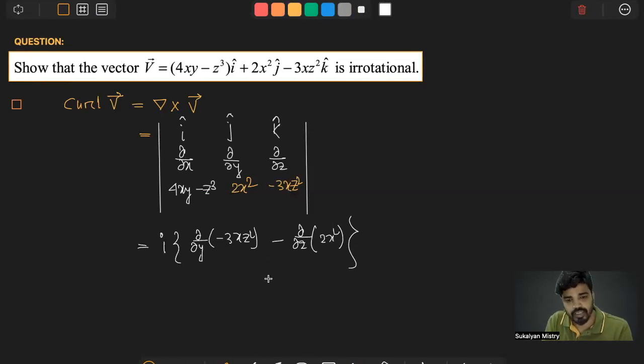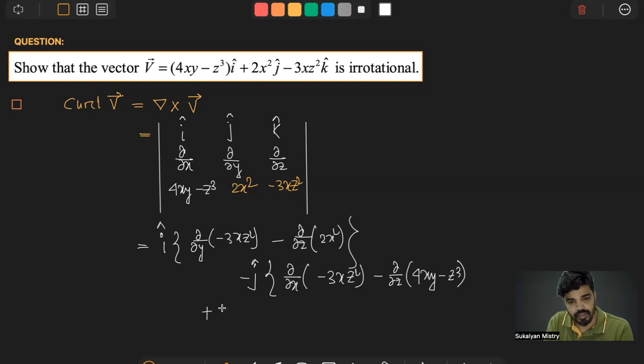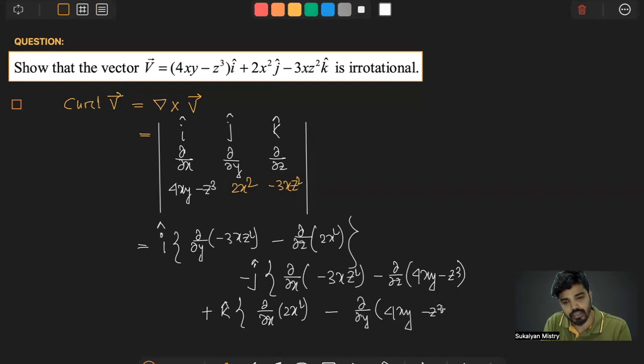Take minus j times ∂/∂x of minus 3xz² minus ∂/∂z of 4xy minus z³, plus k times ∂/∂x of 2x² minus ∂/∂y of 4xy minus z³.